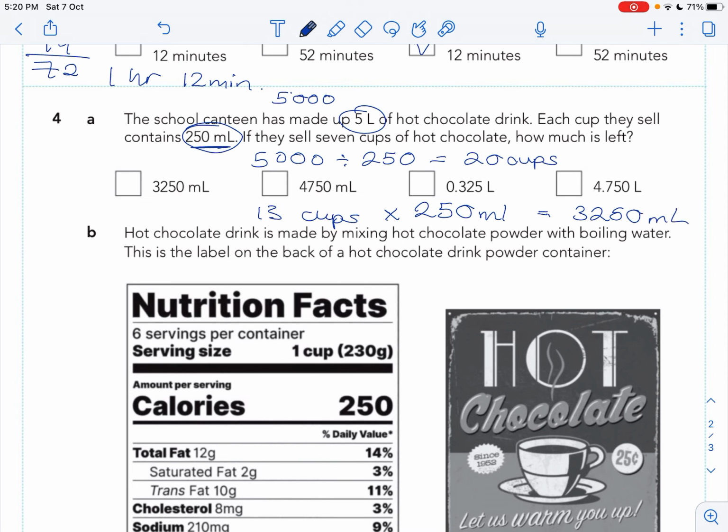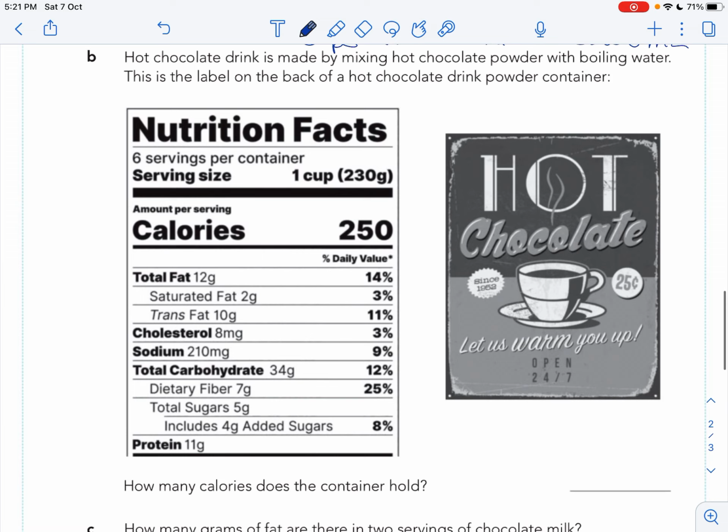Okay, which is this one here, 3250 millilitres. It is not that one because it would actually be 3.25 litres, not 0.325. So it's 3,250 millilitres.